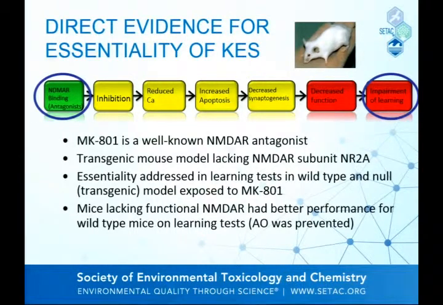If we use a transgenic mouse that lacks a functional NMDA receptor, expose them to that chemical, and compare them to the wild type, we see no effect on the knockout mouse, but we still see the effect in the wild-type mouse. That would be evidence that the NMDA receptor is essential for that adverse outcome pathway. Make sense?